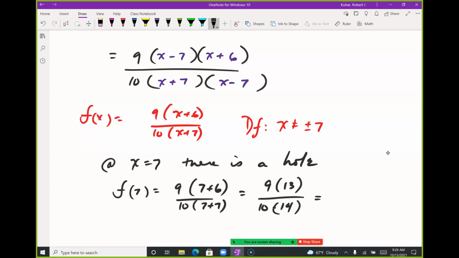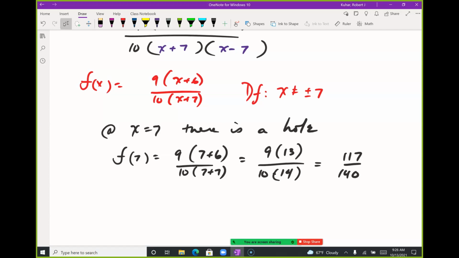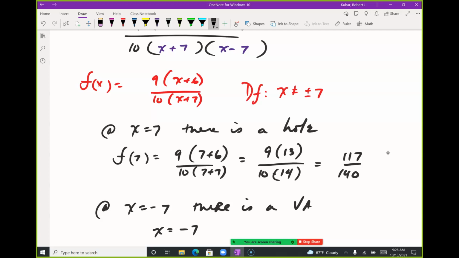No. So 9 times 13 is 117 over 140. So there's a hole in the graph at 7, 117 over 140. At x equals negative 7, there is a vertical asymptote of x equals negative 7.